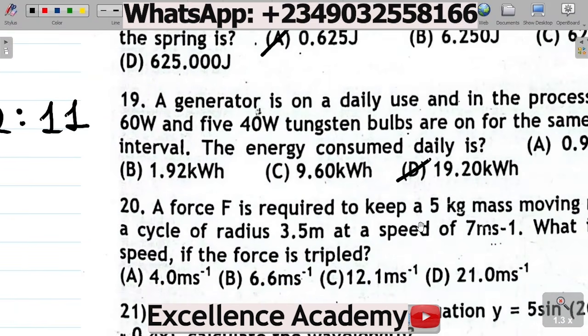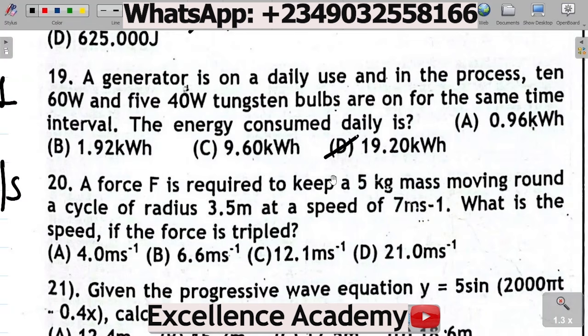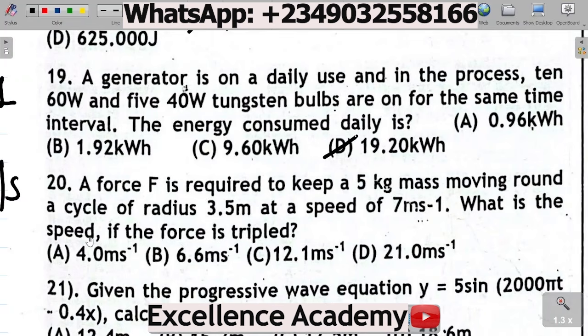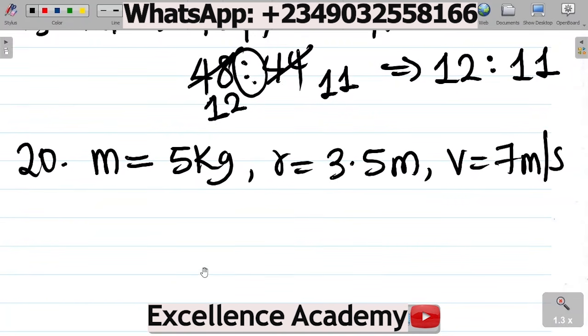You are also given speed 7 meters per second, so V is 7 meters per second. What is the speed if the force is tripled?